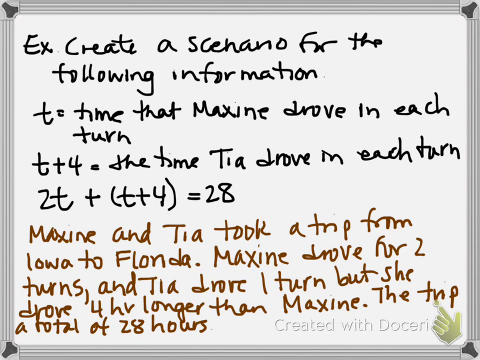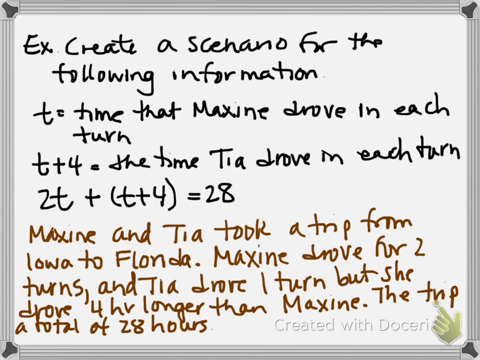Okay, so T stands for the time that Maxine drove in each turn. How can we take that definition and now make it a question so that our reader knows what they're solving for? We want them to get T equals some number. So what is it that they're actually solving for? How long is each of the turns? Not each.